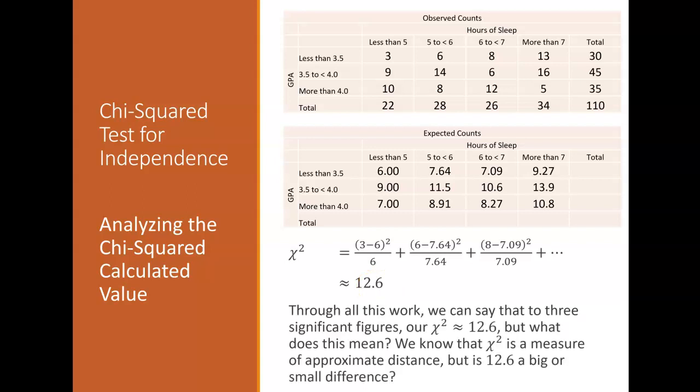So again, that's fine, but what do we compare this to? We either need to come up with a chi-squared critical value to compare this to, or we need to calculate the p-value associated with this chi-squared number, and then we can compare that to the level of significance, right?